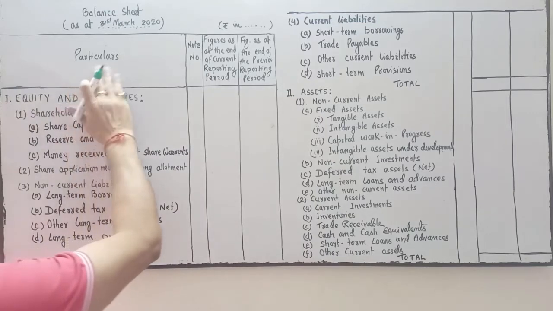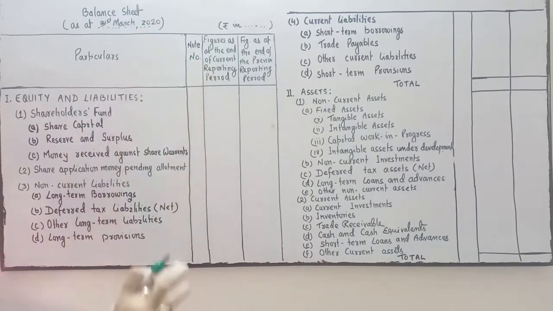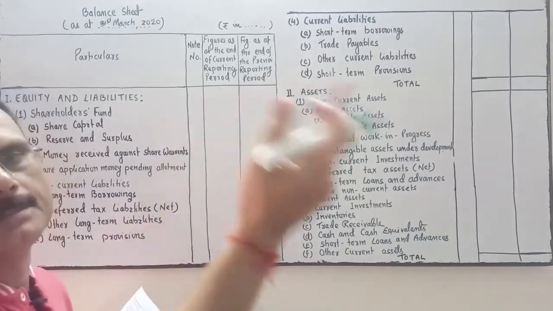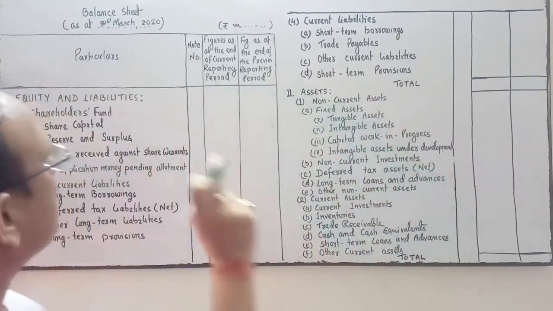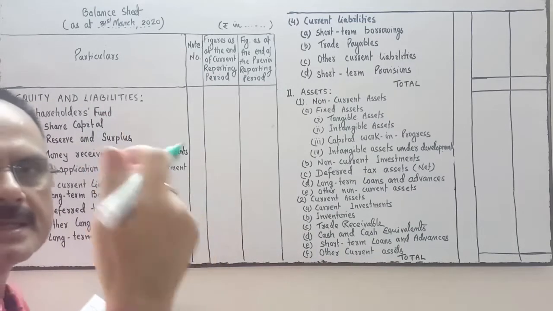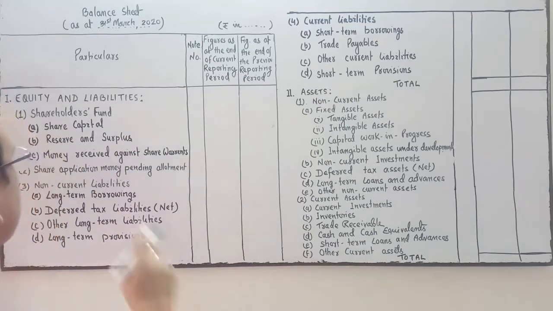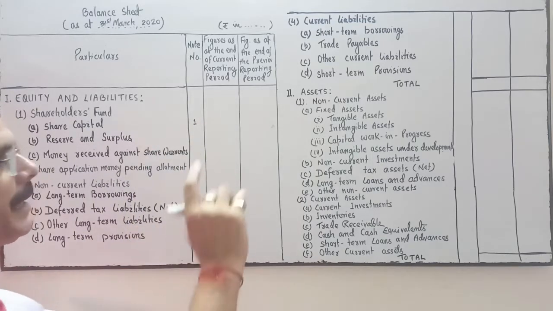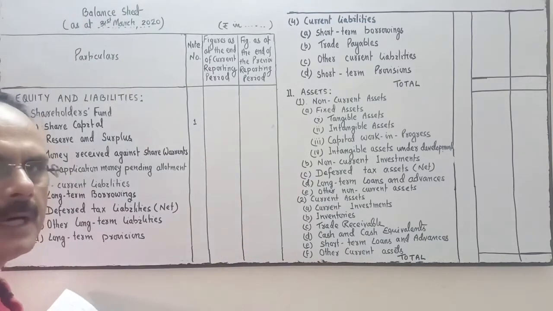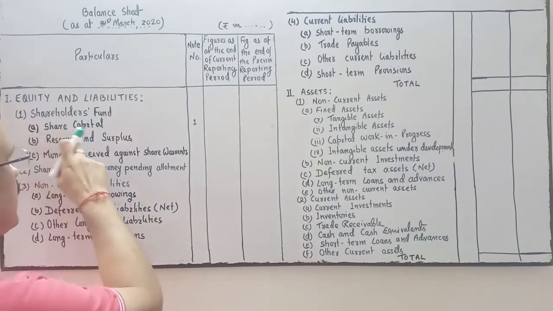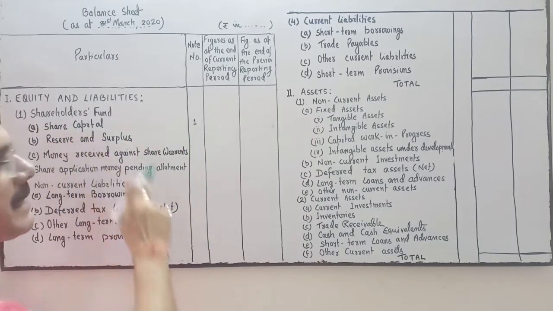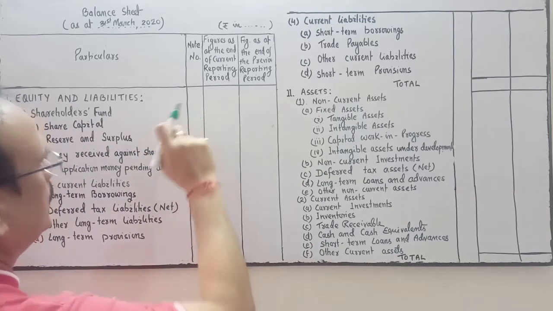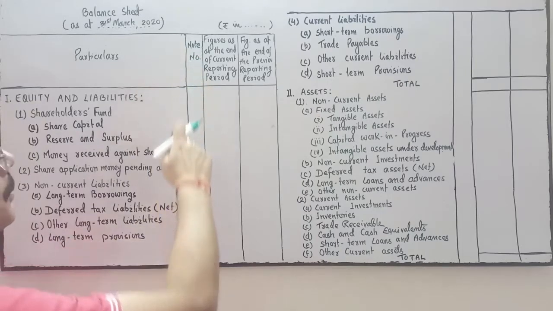So, the particular note number column: here we will write the detail in the note number. One final figure we will write here and the detail you can see in the note number. Suppose I have written share capital as note number 1, then we have to refer to note number 1. The entire information about the share capital you will get in note number 1.